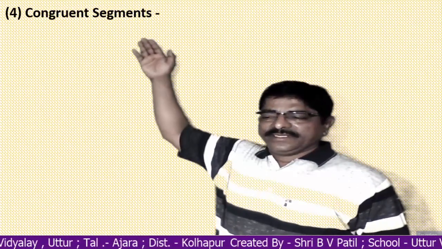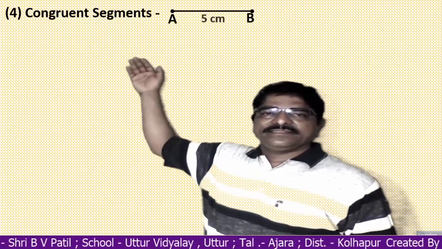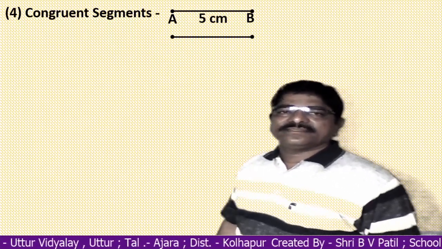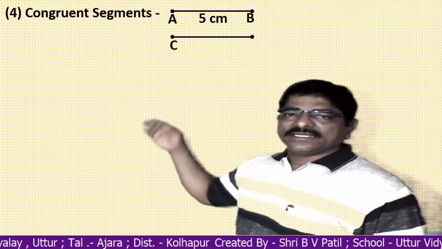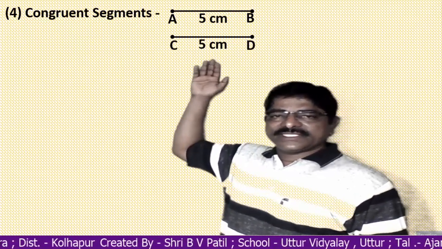Then next we consider congruent segments. For that purpose, first we draw segment AB, and its length is 5 centimeter. Then another segment, segment CD, and its length is 5 centimeter.